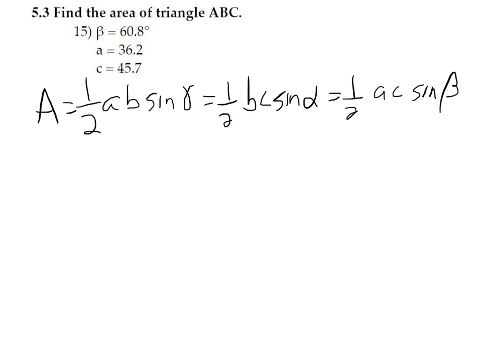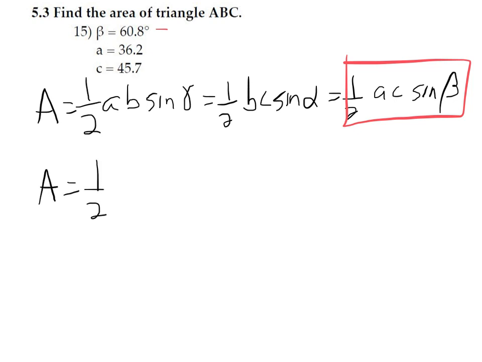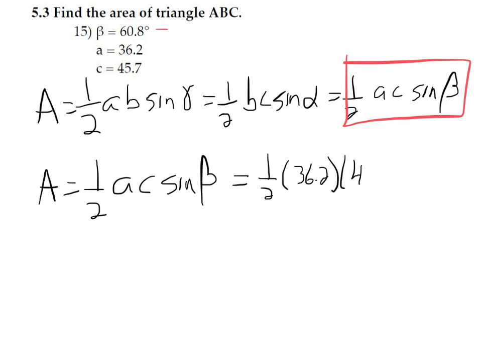In our case, we're going to be needing the one with beta, so we're going to be working with this one, beta. So we have A equaling 1/2 AC sine beta, and this is 1/2 36.2 is A, 45.7 is C, and sine of 60.8 degrees for beta.